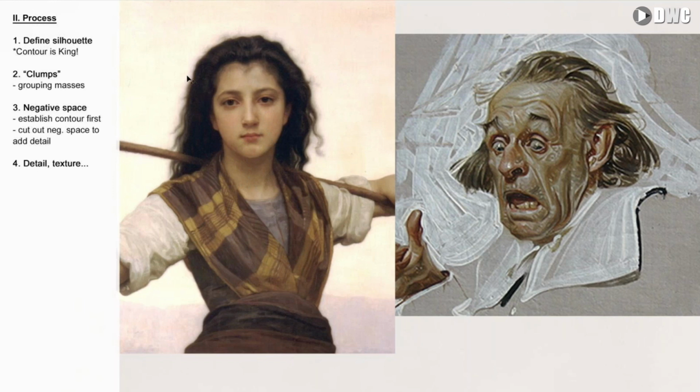Just like one of the great masters, Bouguereau here on the left. And if you look at her hair, it looks absolutely real. Bouguereau is one of the greatest realists of all time. So absolute realism here, but look at the graphic quality. When I look at this, and I think if you look at it long enough, you can go, oh yeah, it's basically this, right?